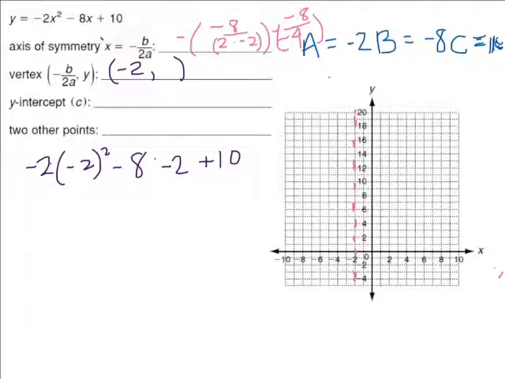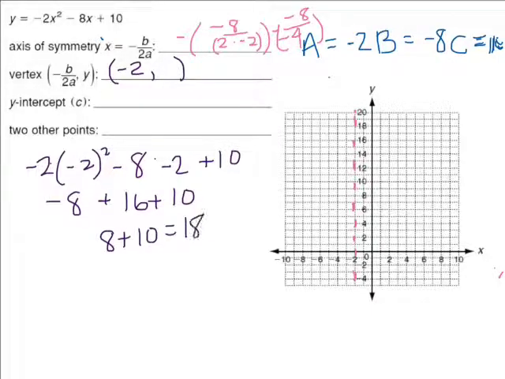Positive 4 times negative 2 is negative 8. Negative 8 times negative 2 is a positive 16. Plus 10, we have 8 plus 10 is 18. So our y value is 18.